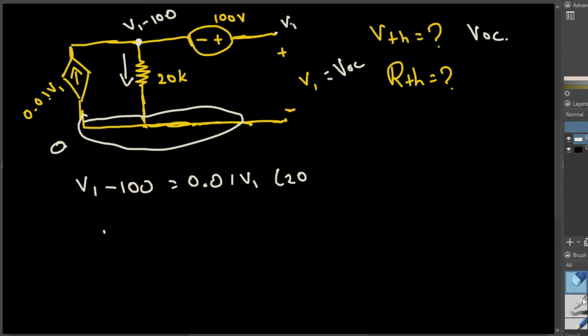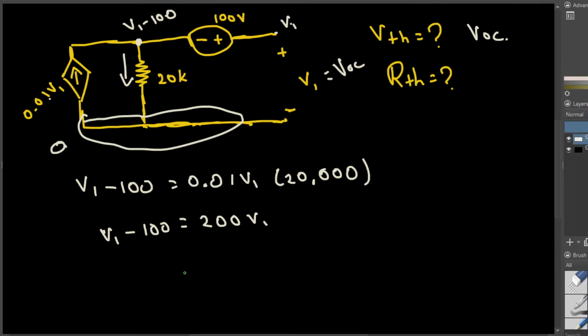So if I use 20,000 and multiply 0.01 by 20,000, the 20 is gone but we still have 2 zeros. 200 times 1, that's 200 V1. So 200 V1 equals V1 minus 100.